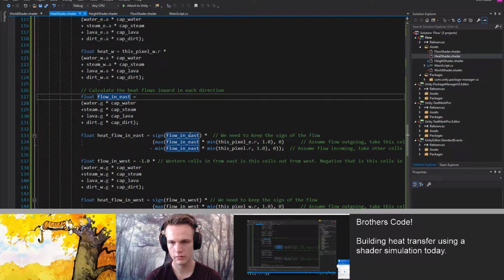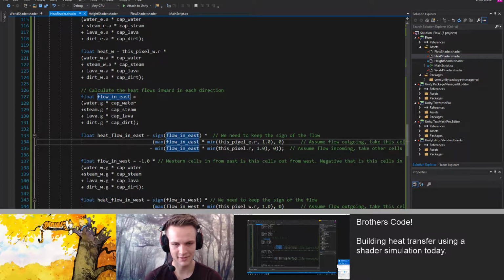So if you're flowing in from the east, then that's the flow times the capacities, which we set those all back to 1. Those amounts times the pixel from, so flow in from the east.